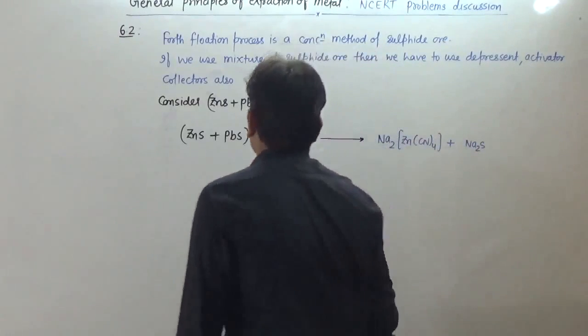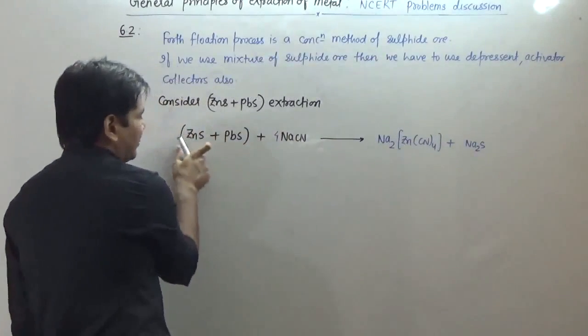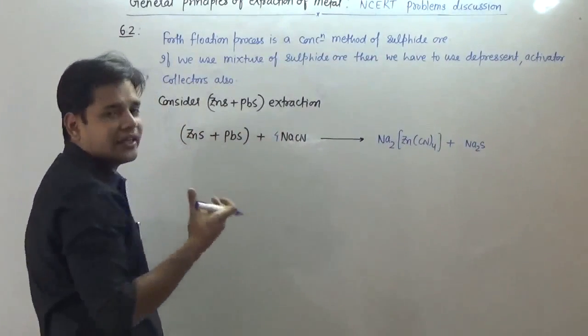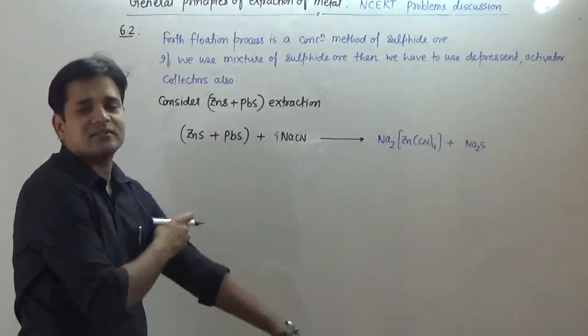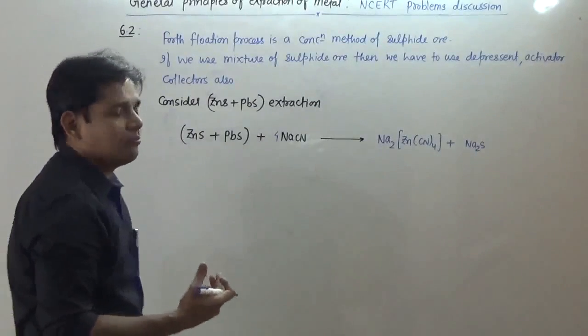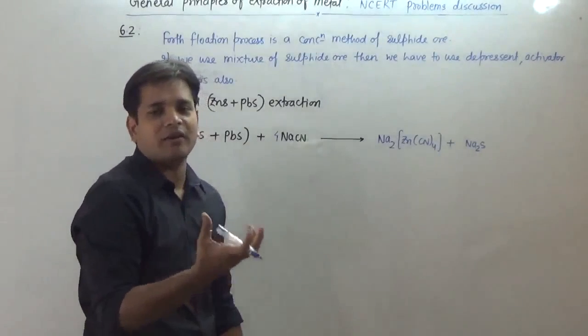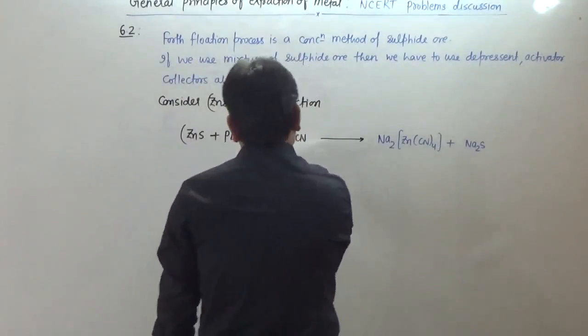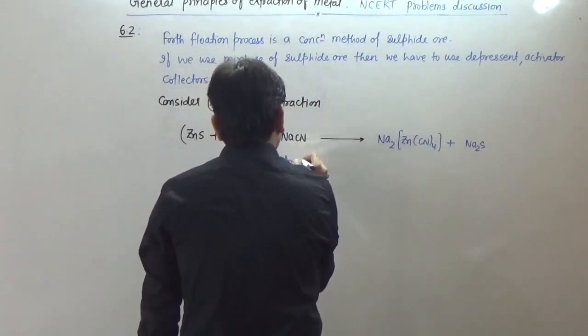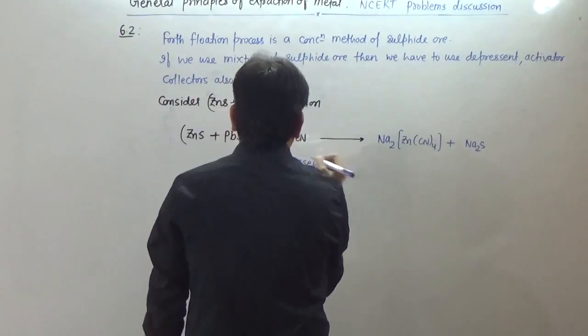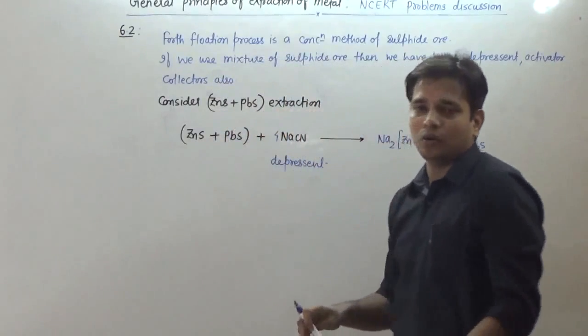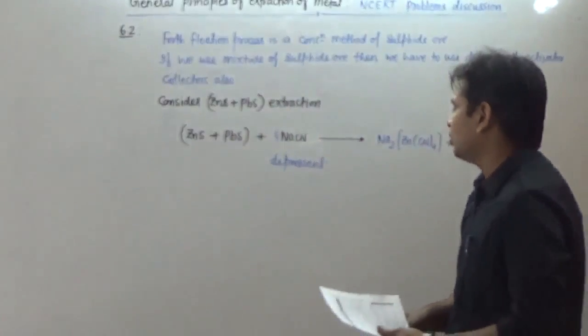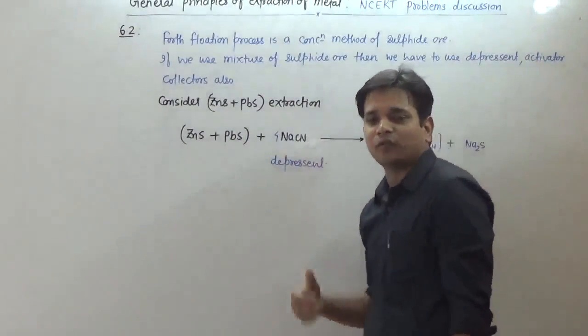This is the process. So it is depressing. It is actually dissolving ZnS into an ionic compound, and that's why it is more dissolved in water. So this is called depressant. Actually the depressant prevents one of the sulfide ores from moving into the froth.